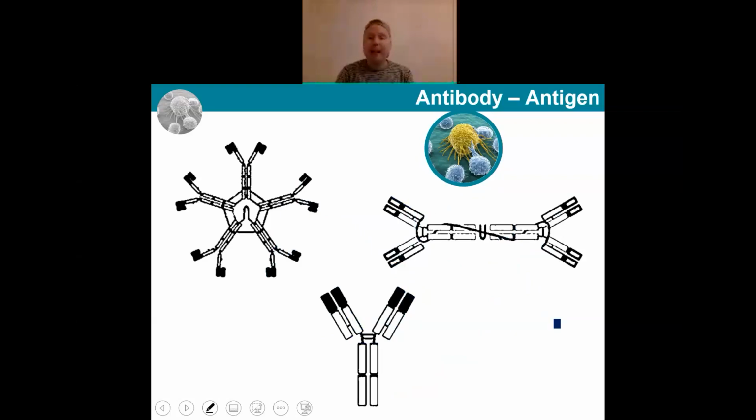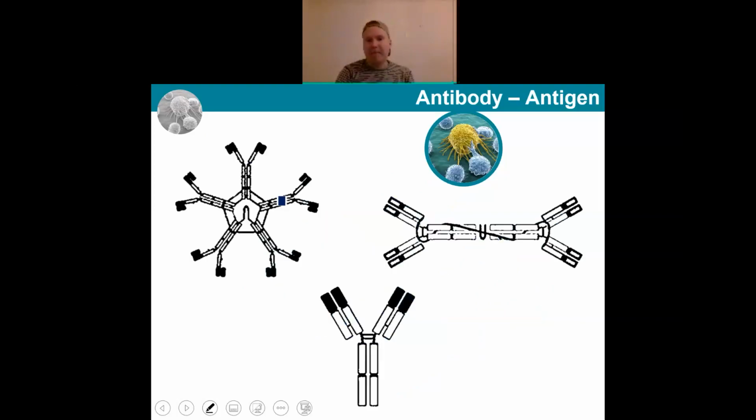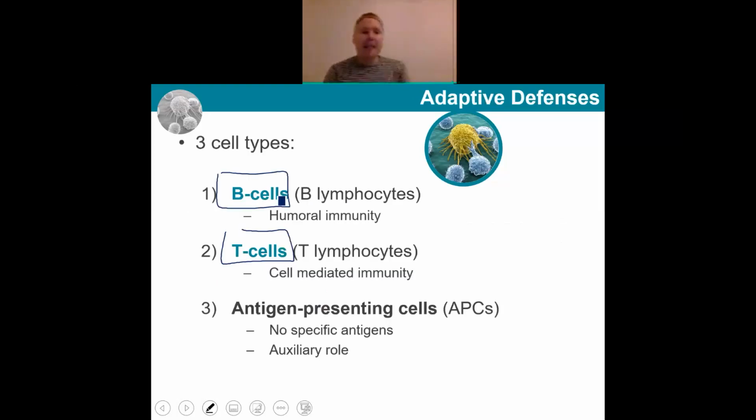And there's actually many different kinds of these antibodies. We show in your textbook only these Y-shaped structures that I've drawn here. It looks a little bit like a Y. But these can be many different shapes, but we're not going to worry about it just now. Well, next thing that we have left is to talk about B cells and T cells.